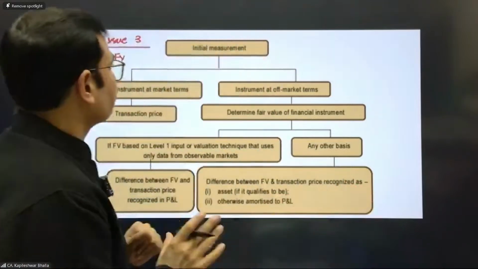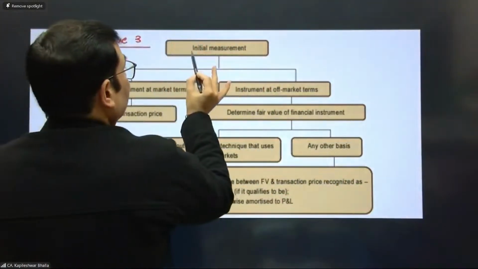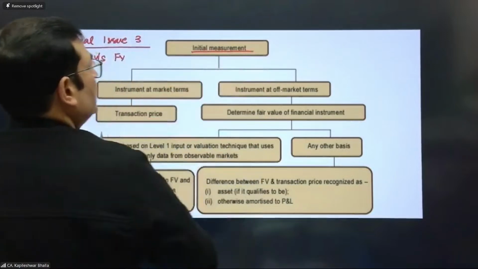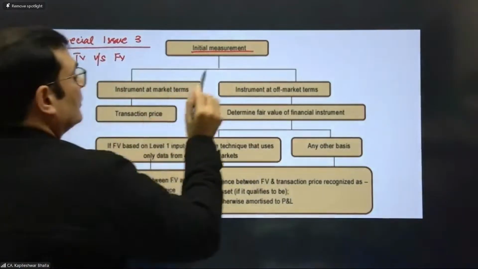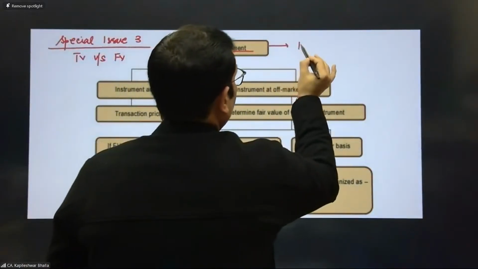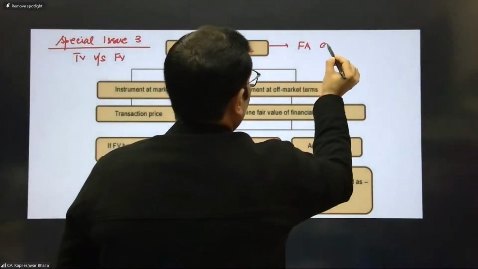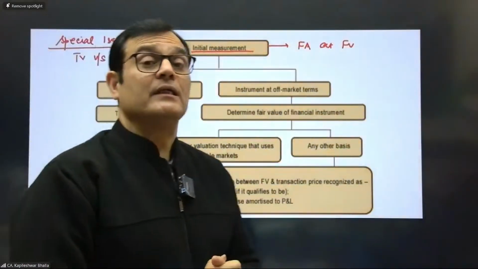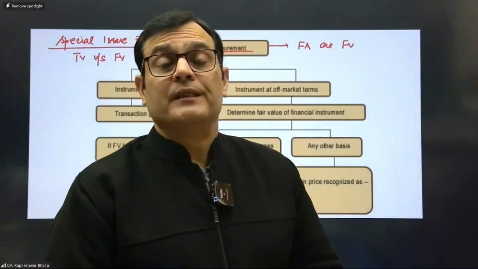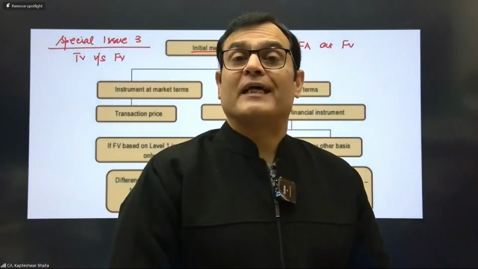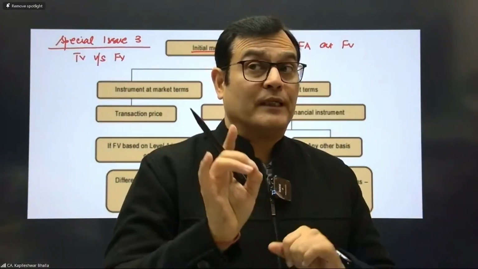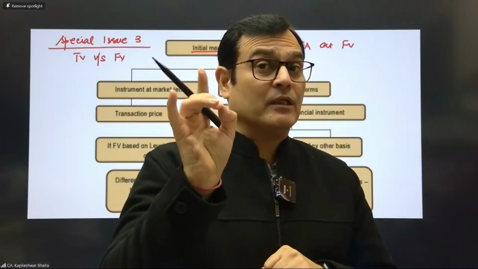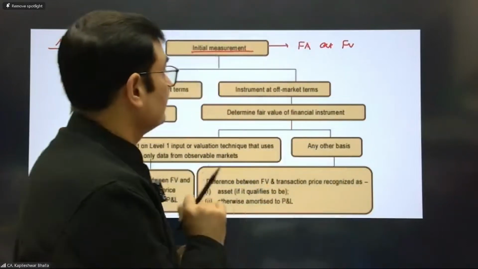Let's watch this. It says very clearly that there is an initial measurement. We're looking at typically the initial measurement of a financial asset, which is going to be done at fair value. That's what I said earlier, that the initial measurement of a financial asset is always at fair value, except a trade receivable and a loan recoverable on demand.